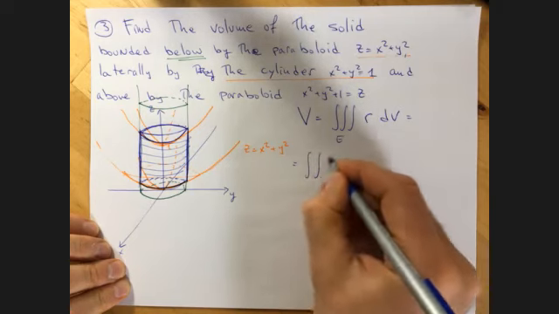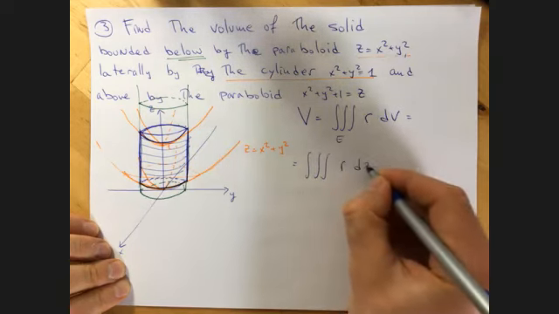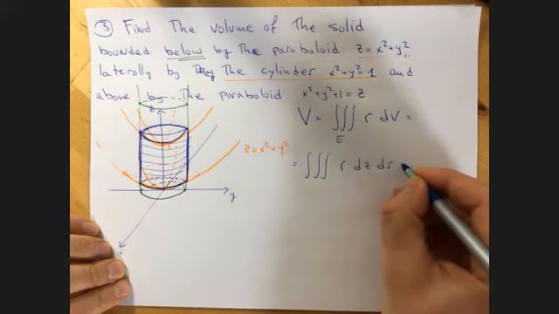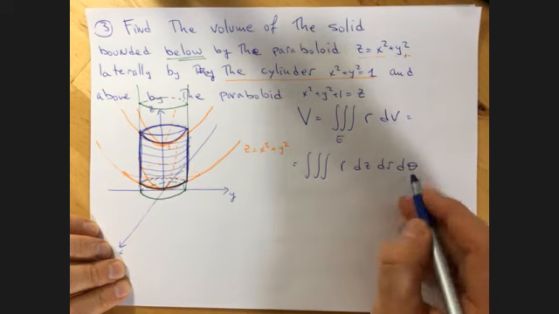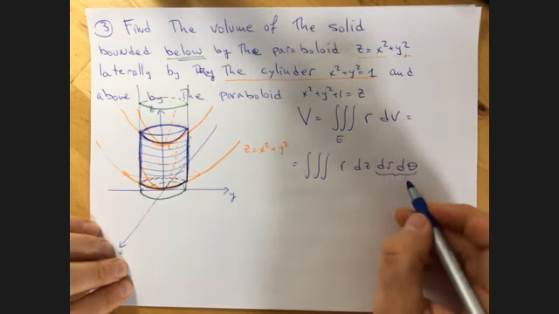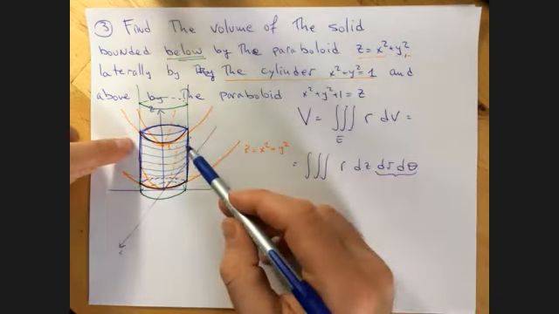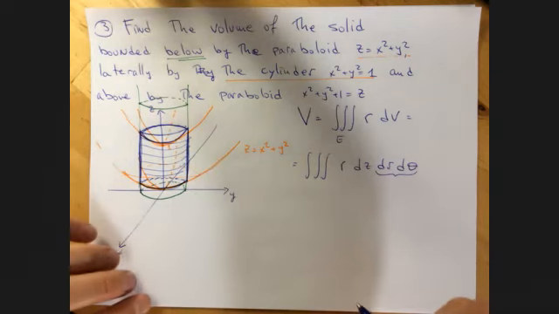Okay, so that's r dz dr d theta, where r and theta are being found from the projection of the solid onto the xy plane.